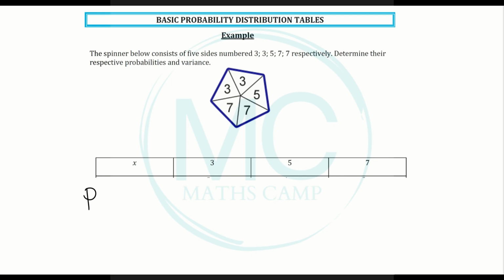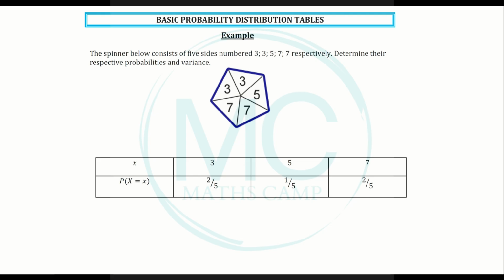So we can say the probability that X is equal to x. The spinner has 5 sides. We have 2 3s, so the probability of 3 is 2 over 5. There is 1 5, so the probability is 1 over 5. We have 2 7s, so the probability is 2 over 5. We can tidy this up like this.